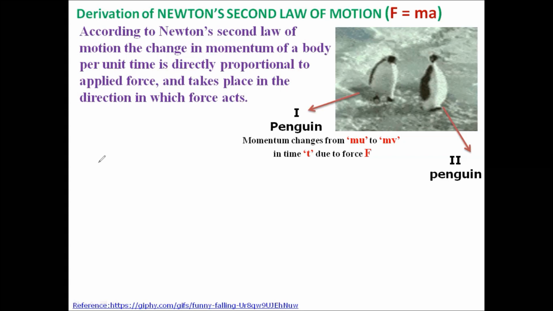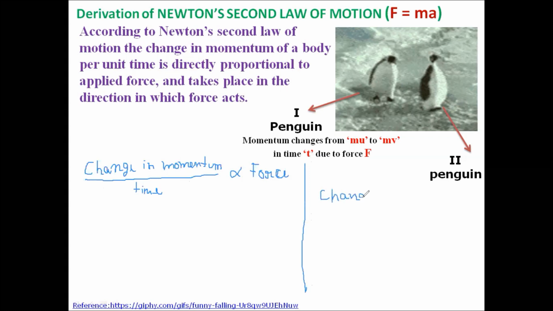From the given animation, we can say the change in momentum per unit time is directly proportional to the force applied. So we can write change in momentum is equal to final momentum, let final momentum be represented by Pf, minus initial momentum, which is represented by Pi.